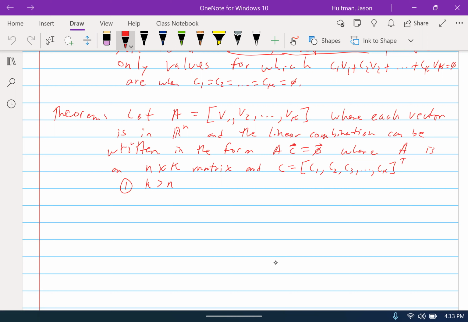So if the number of vectors you're given is bigger than your dimension, then V1, V2, Vk is linearly dependent.